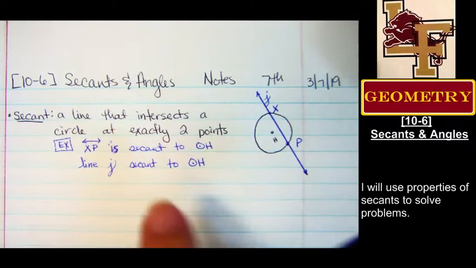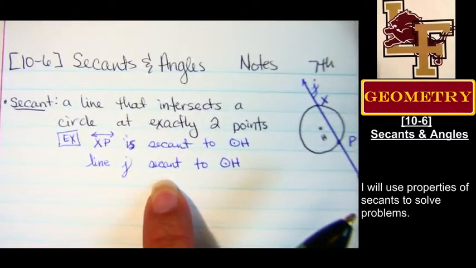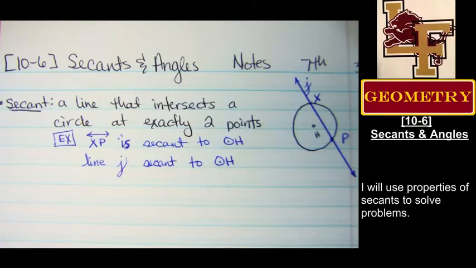This is the word secant. So you can write line XP is secant to circle H, or line J is secant to circle H.